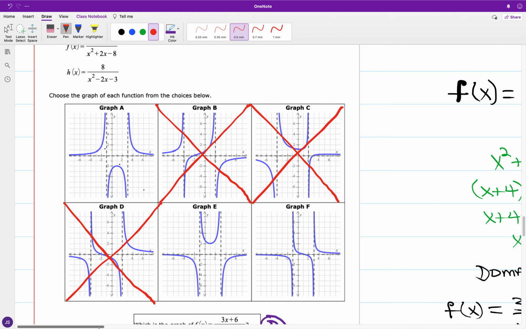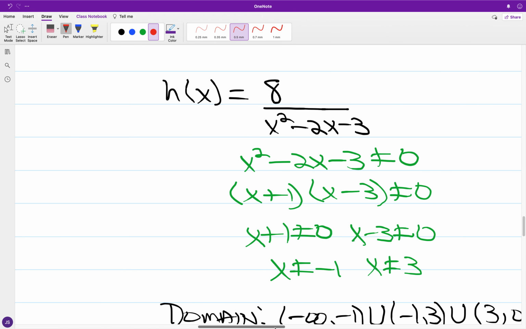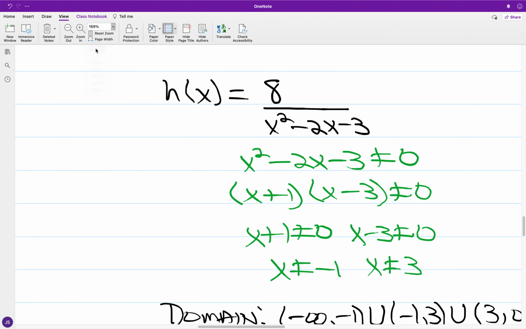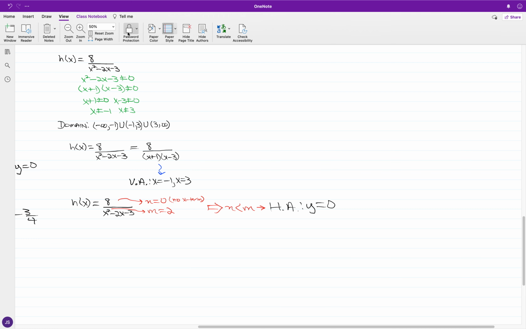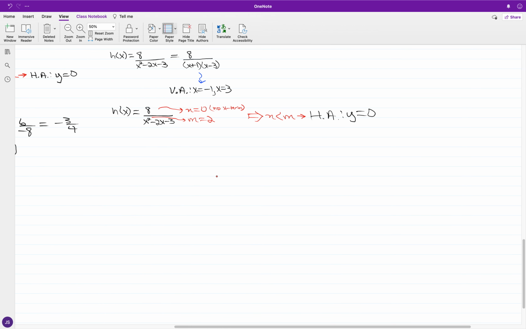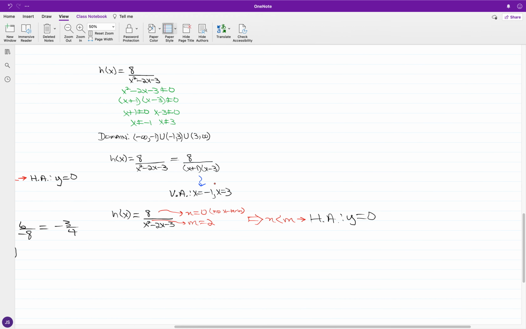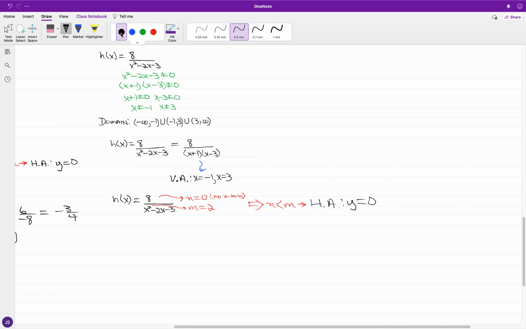So if we look at the process of elimination, we have the intercepts, or in this case the y-intercept, that we can potentially use as the deciding factor.